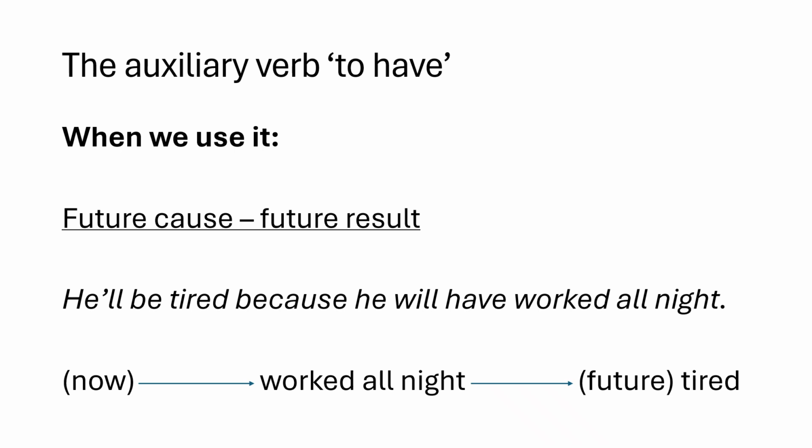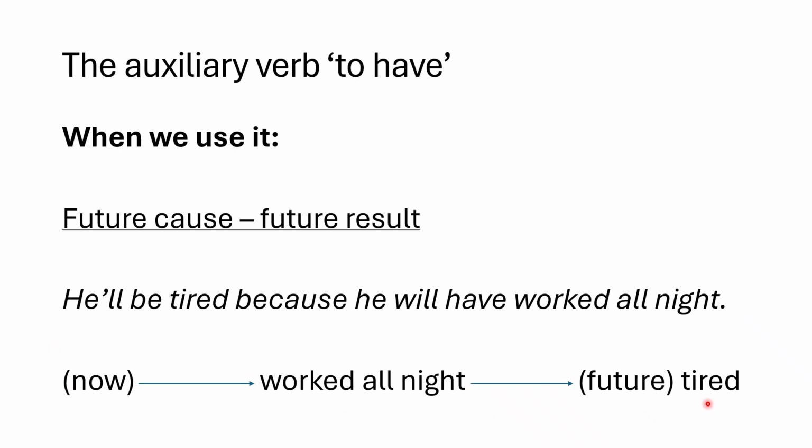We use the future perfect to explain a future situation by referring to an earlier completed future action. For example, he'll be tired because he will have worked all night.